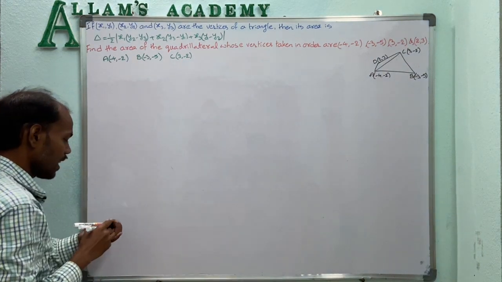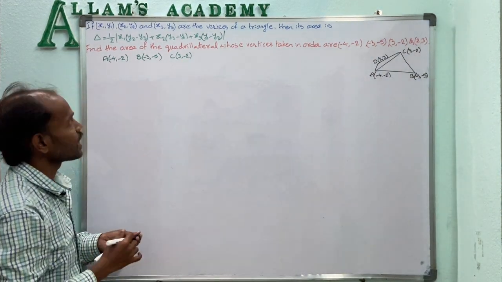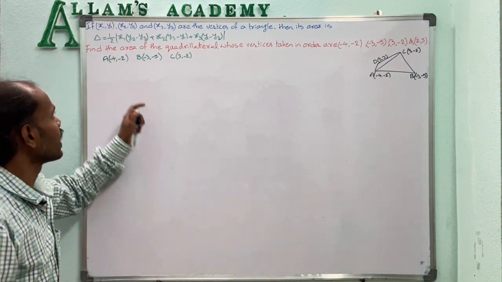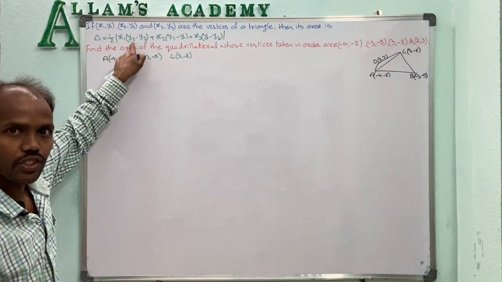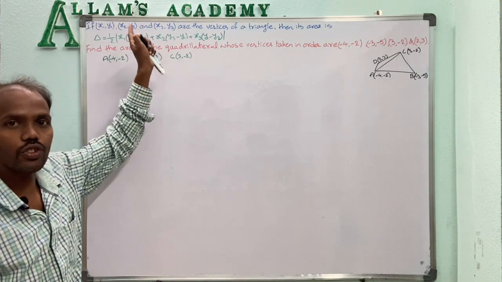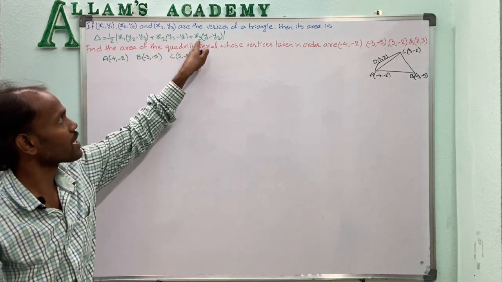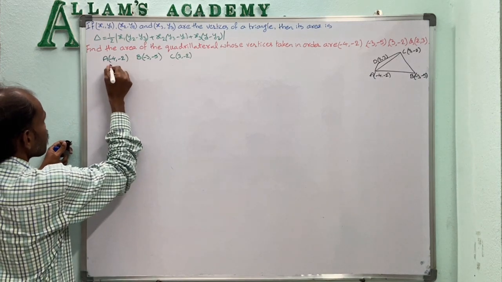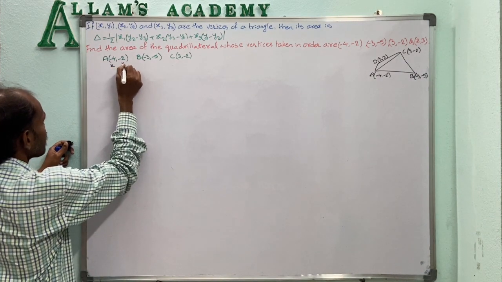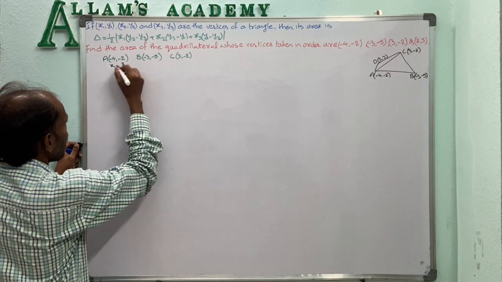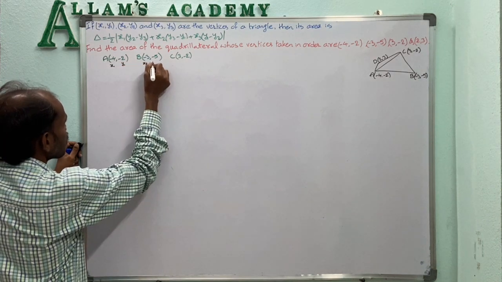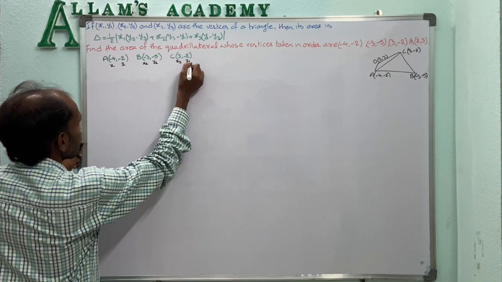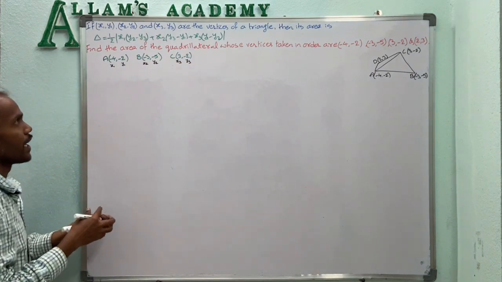Now finding the area of the triangle ABC. The area of the triangle is half of mod x1 into (y2 minus y3) plus x2 into (y3 minus y1) plus x3 into (y1 minus y2). Substituting, here x1, y1 coordinates are -4, -2, x2, y2 coordinates are -3, -5 and x3, y3 coordinates are 3, -2.